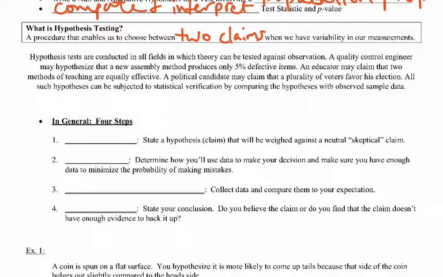An educator may claim that two methods of teaching are equally effective, and they want to test that out. A political candidate may claim that a plurality of voters favor his election. All of these can be subjected to some sort of hypothesis test, and a statistical verification can tell us what we know or what we don't know about our hypotheses.